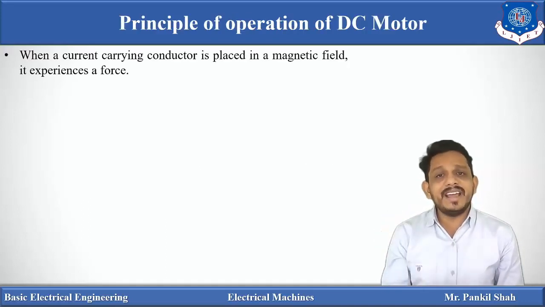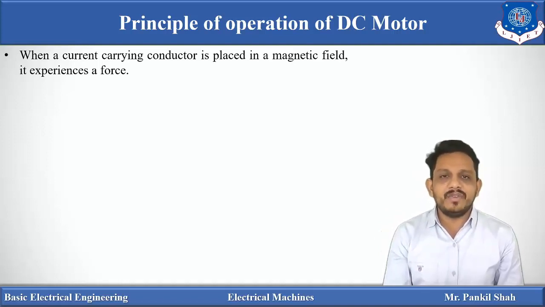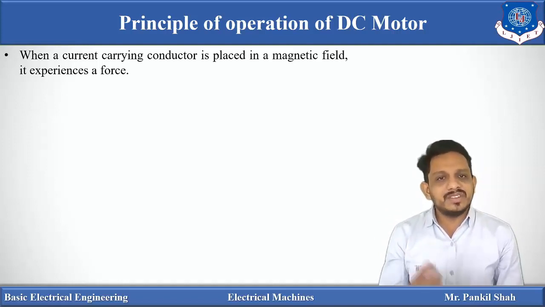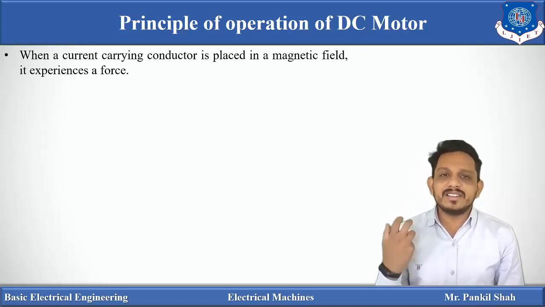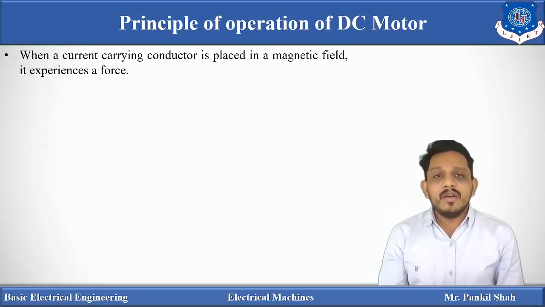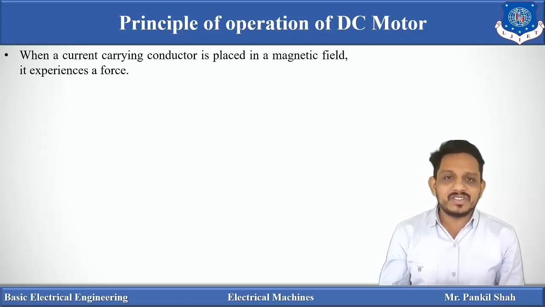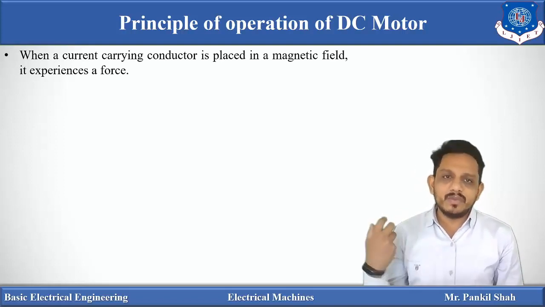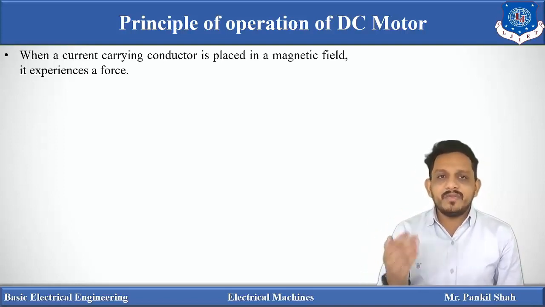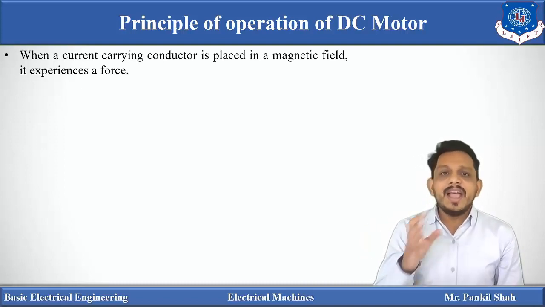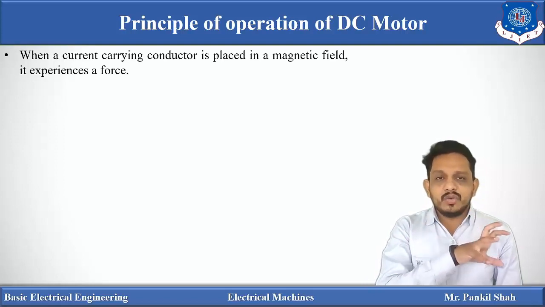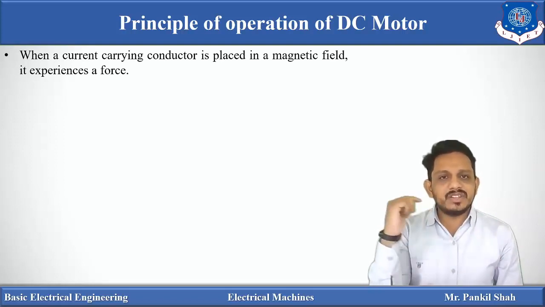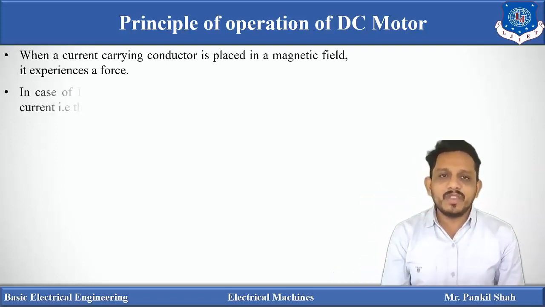When a current carrying conductor is placed in a magnetic field, it experiences a force. This is the law of electromagnetic induction. According to Faraday's law of electromagnetic induction, whenever a current carrying conductor is placed in a magnetic field, it experiences a force. Here the magnetic field is created by the field winding and the current carrying conductor is our rotor, that is the armature. So whenever a current carrying conductor is placed in a magnetic field, it experiences some force.